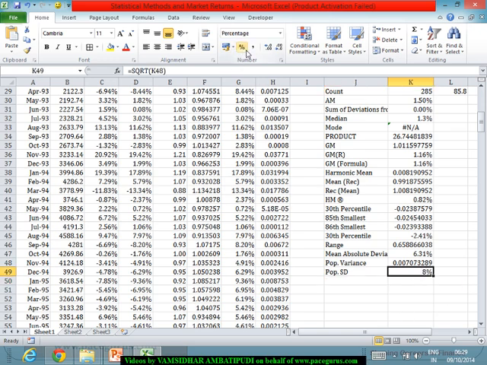In this case, the standard deviation comes out to 8.4%. So when I am defining the variance, I am simply saying the average of the squared deviations from the mean, and standard deviation is the positive square root of the variance.